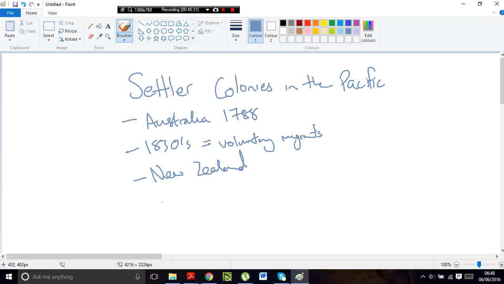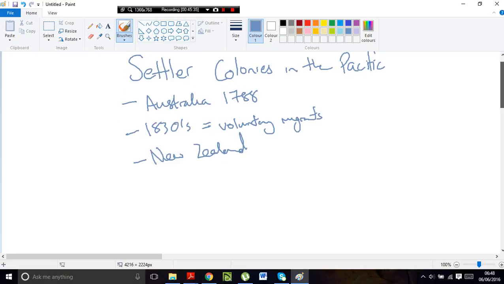So European migration rocked the societies that were already established in Australia and New Zealand. Diseases such as smallpox and measles devastated the indigenous populations once the Europeans flooded into the lands.